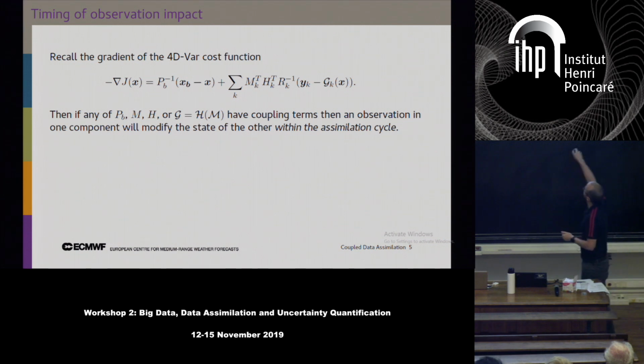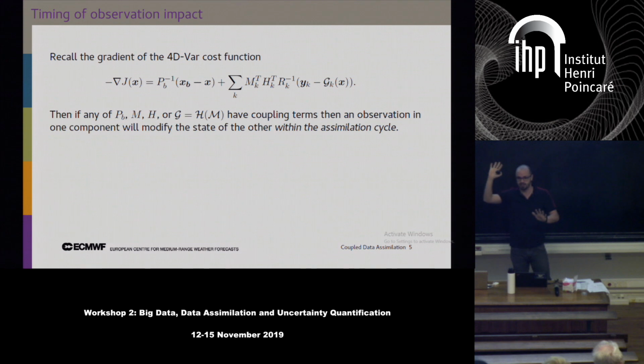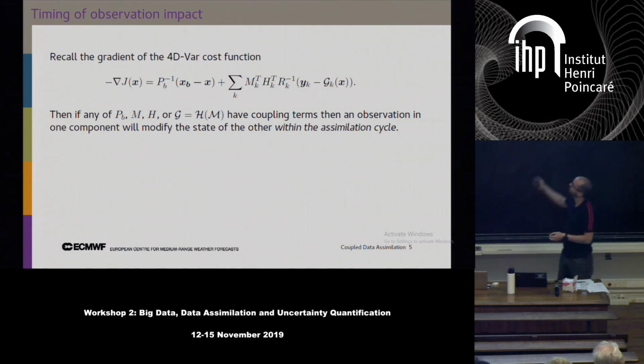And if any of these terms here, so this G, this H, this M, or the background error covariance matrix, have the appropriate off-diagonal terms, so the coupled terms, then you get a non-zero part of your gradient in the other component. So that means that as you do your 4D-Var, an observation in one component gives you an increment in your other component immediately during your assimilation window.